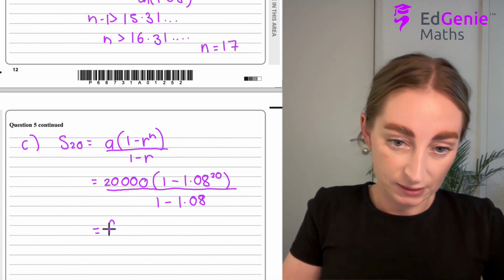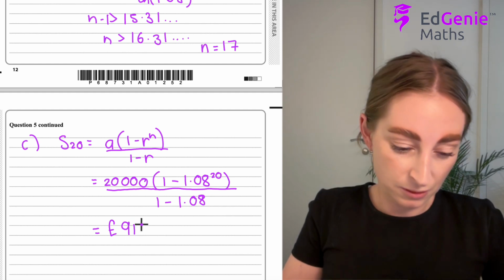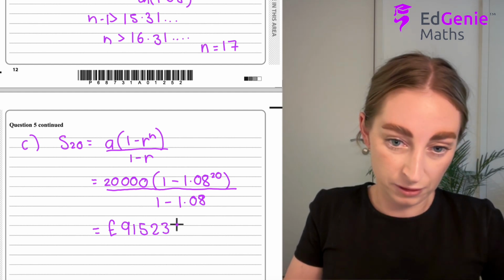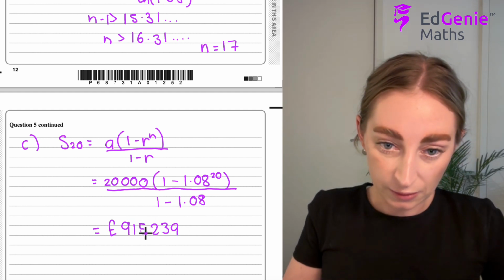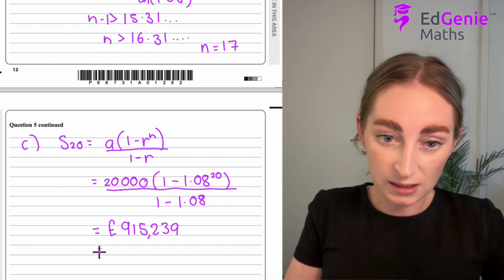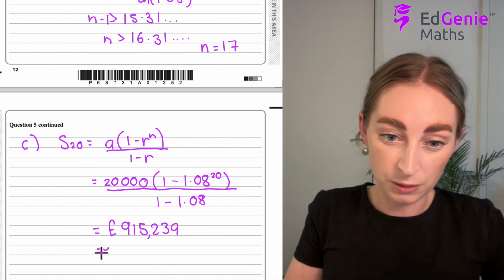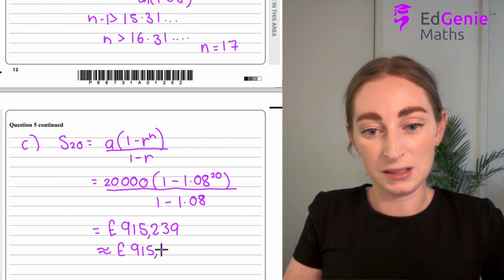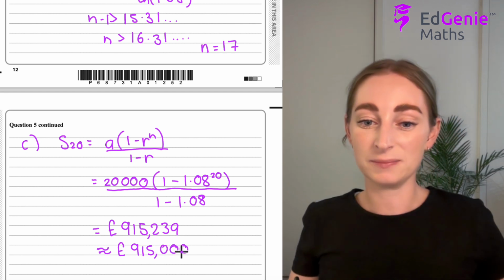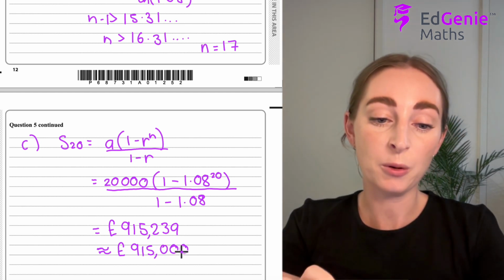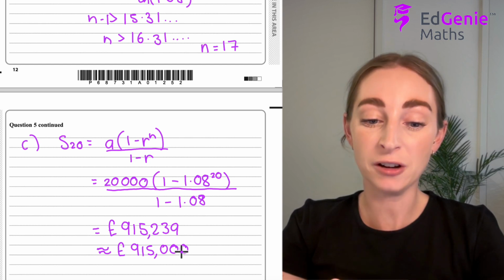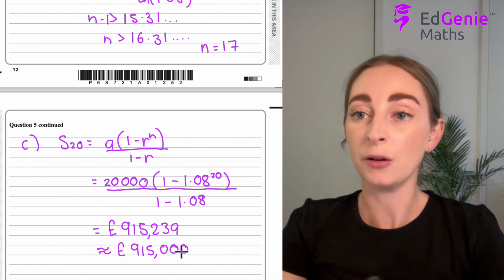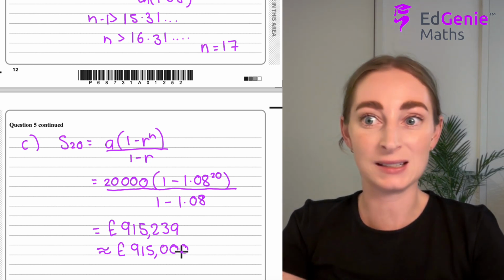It's going to give us 915,239. So this is going to be to the nearest thousand, let's put approximately, £915,000.